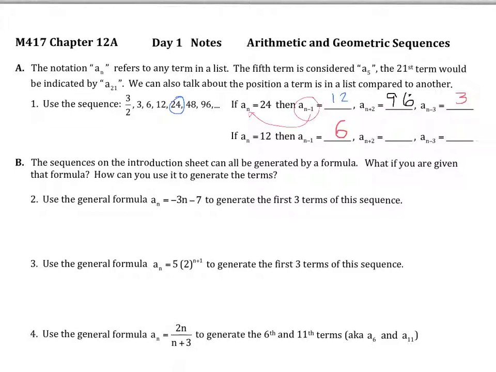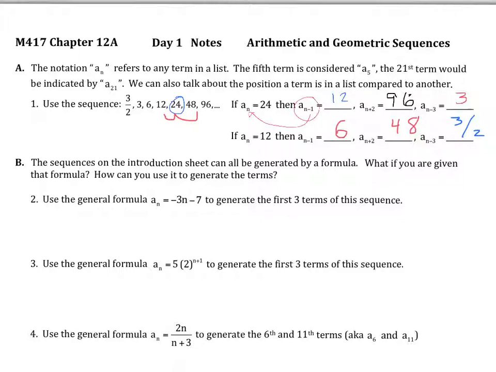If A sub n is 12, 2 terms later, or we're going to call 2 jumps later, would be 48. A sub n minus 3 would be 3 terms before the 12, which would be 3 halves. Okay, so the subscripts are all with respect to what we're considering the A sub n.